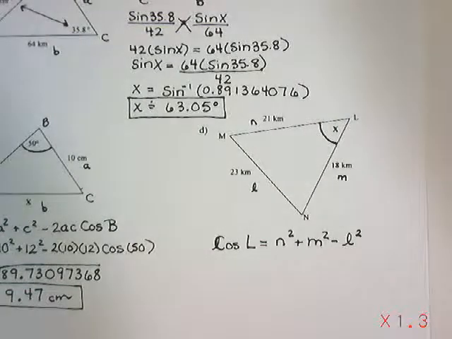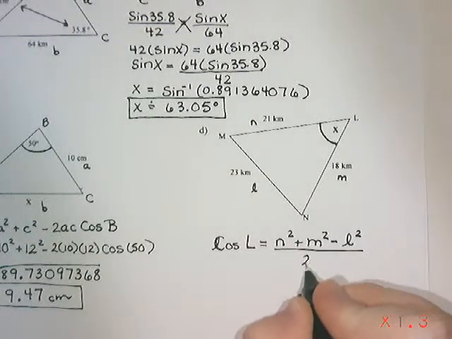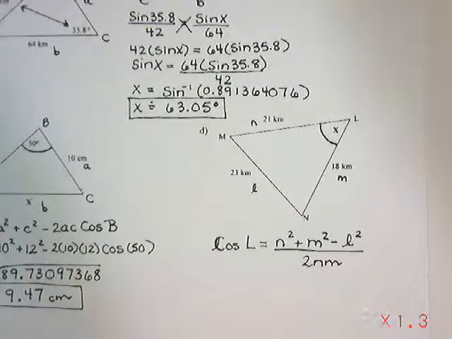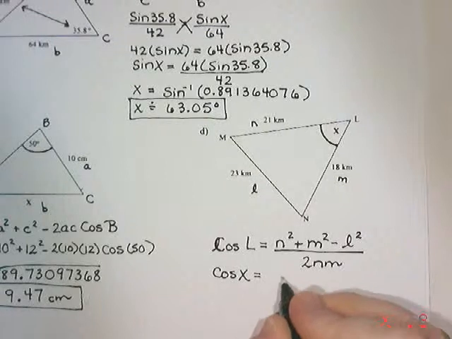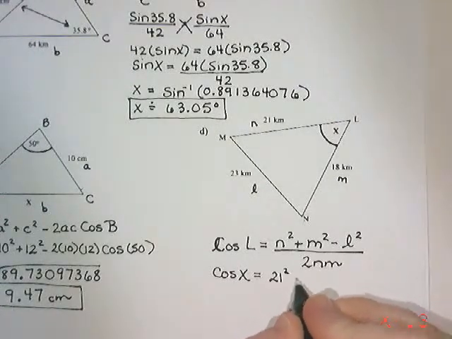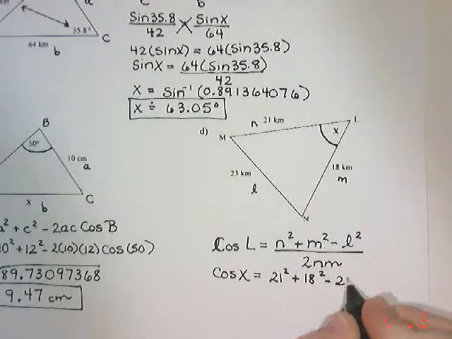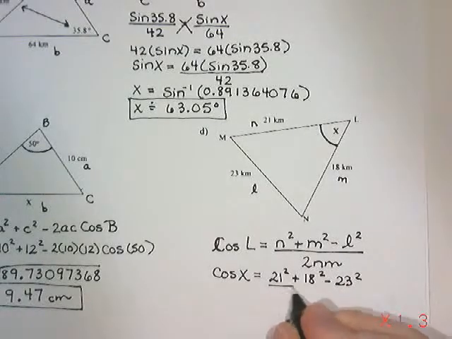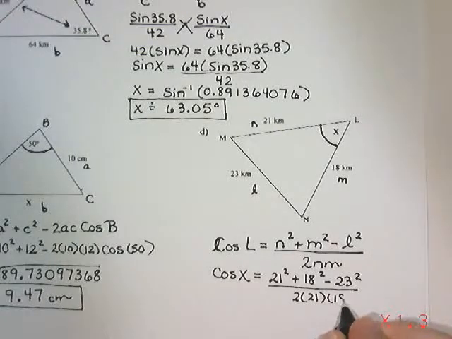It's helpful if you think about A as being the angle when you're using the formula, and it makes it a little easier to figure out what sides are what here. And then 2nm. So cosine of x equals 21 squared plus 18 squared minus 23 squared over 2 times 21 times 18.